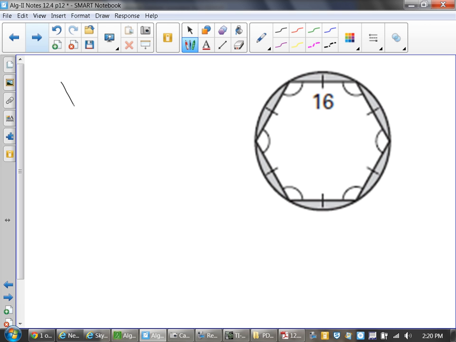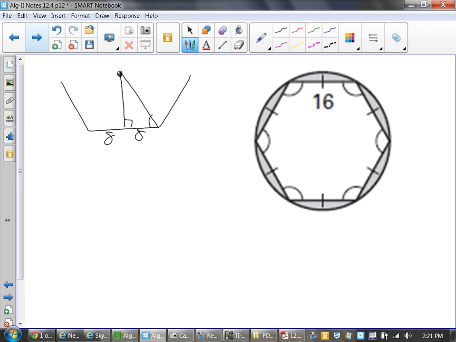There's certain angle stuff. What does the apothem do to a side of a regular polygon? Cuts it in half. So I know I have an 8 and an 8. I needed to redraw this to find that angle. Do you remember how to find the angle measures in regular polygons?